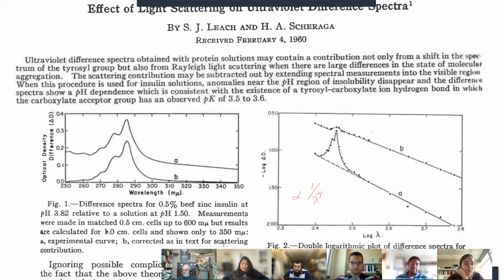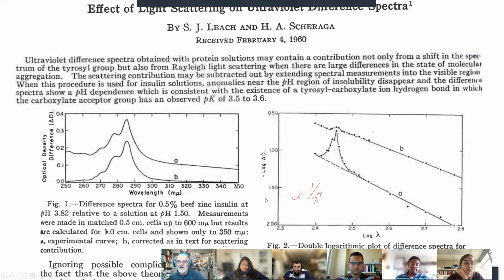Okay, and that's why you mostly see blue light, because blue light has a smaller wavelength and therefore a smaller number, which therefore contributes to a larger amount of scattering. All right, and so the technique is simple.